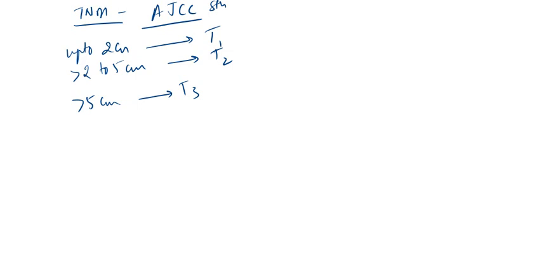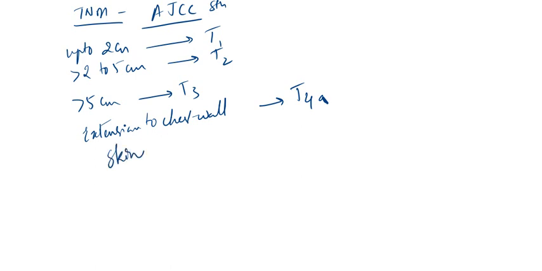Now if the tumor extends to the chest wall, then that is taken as T4A. With the spread to the chest wall as well as skin changes, it is T4.